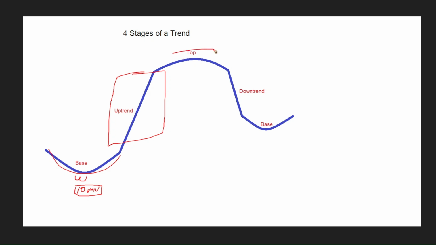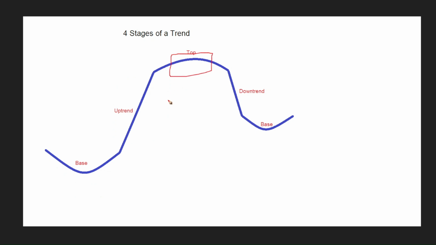Or we could be in a topping phase on the 10-minute. We could also have a daily chart in a topping phase while the weekly is in an uptrend or a downtrend. Okay? So you have to understand how the market works and flows in multiple time frames. That's kind of the key, I think, in terms of learning the basics.